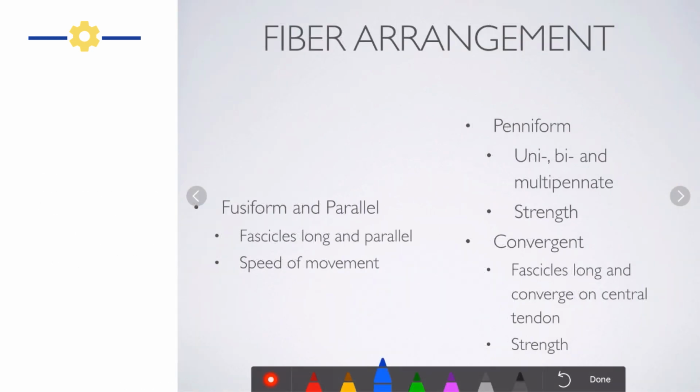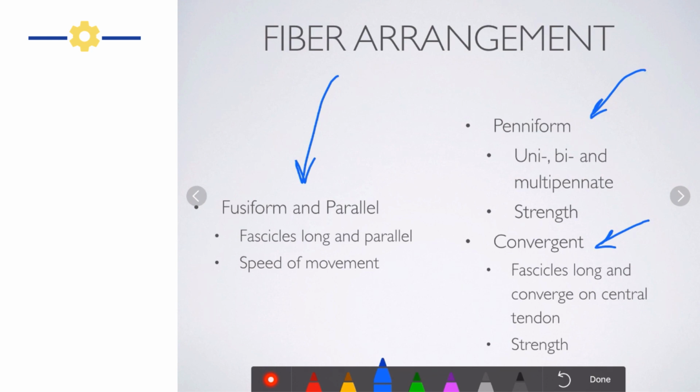The fiber arrangements basically come in two flavors. One is either fusiform or parallel, and the other is either penniform or convergent. Let's talk about what that means. In fusiform and parallel muscle fiber arrangements, it's a muscle like the biceps or a muscle like the sartorius, where for the most part the muscle fibers are all parallel with one another, and they're parallel with the tendon that connects them to the bone.